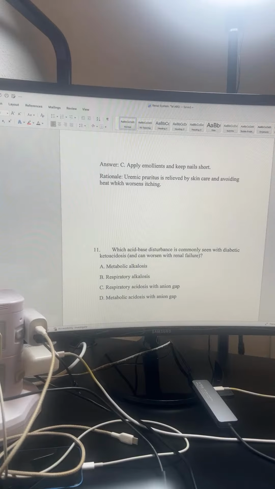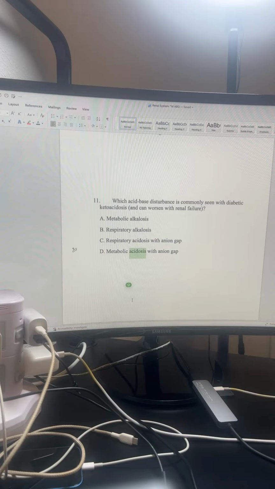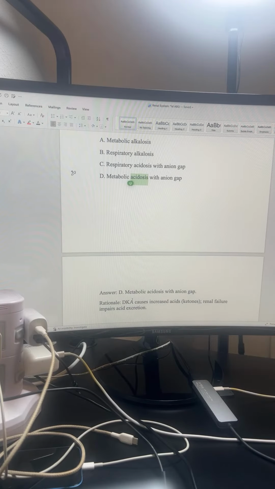Kiara says D, and someone says metabolic alkalosis. So remember the buildup of the acid here, it's going to be either acidosis here or acidosis here. Then try to remember which system is actually being affected. So you're going to have your metabolic acidosis with an anion gap.